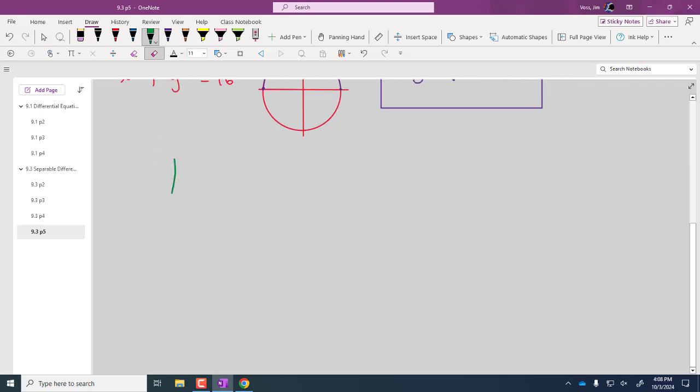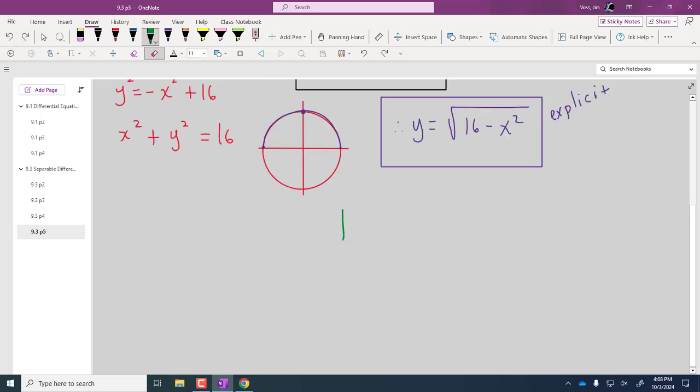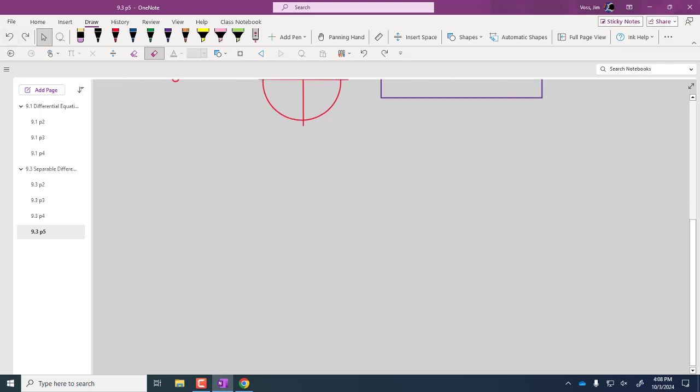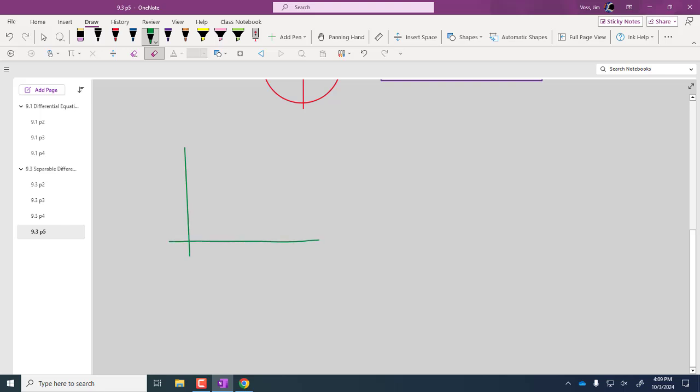If we had a more complicated implicit curve, something like this, most of the time you cannot break your implicit curve apart. Let's do this.